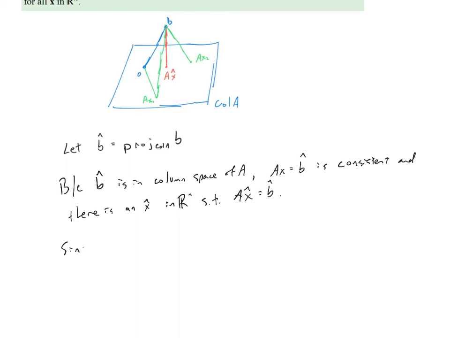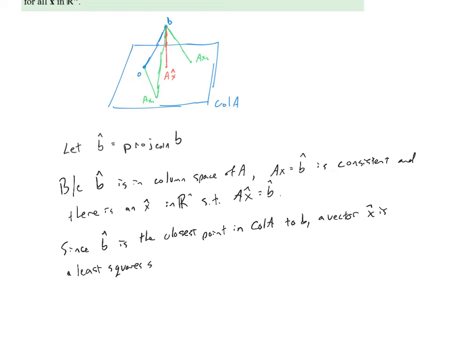So then we'll say since B hat is the closest point in col A to the vector B, a vector x hat is a least squares solution of AX equals B if and only if it satisfies AX hat equals B hat.